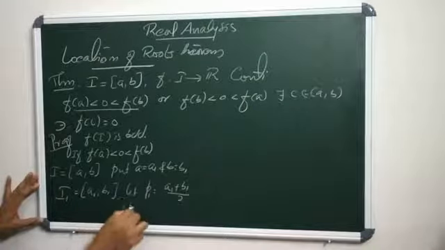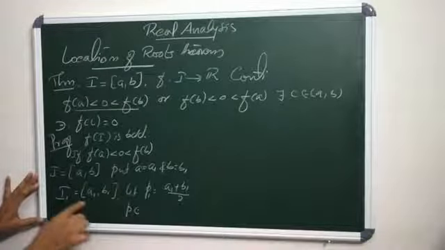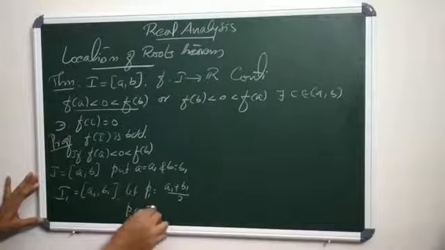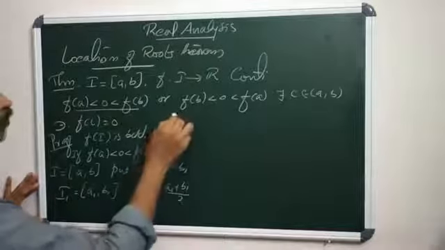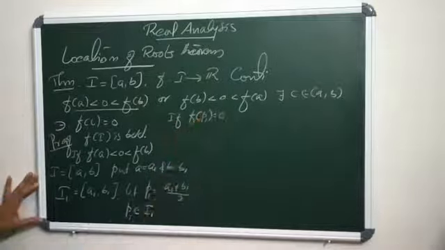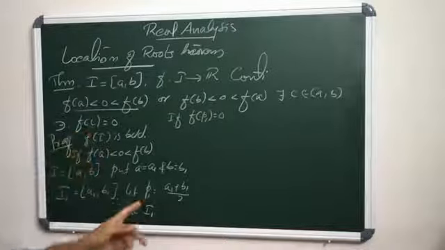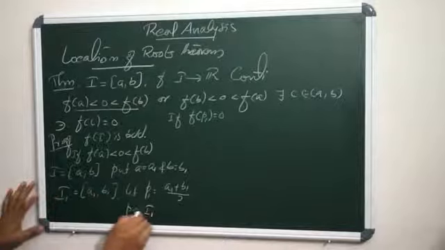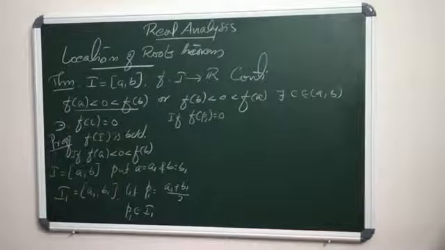Surely this p1 falls in I1. Agreed? If f(p1) equals 0, what happens? The result is immediate, because p1 falls in the open interval (a, b) such that f(p1) equals 0.